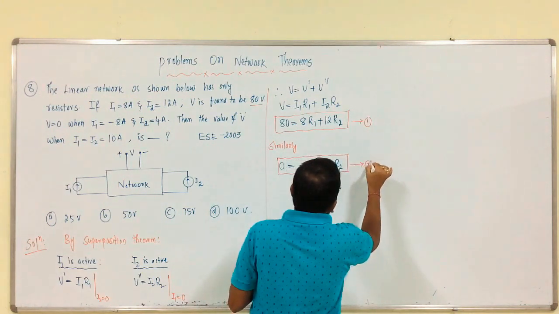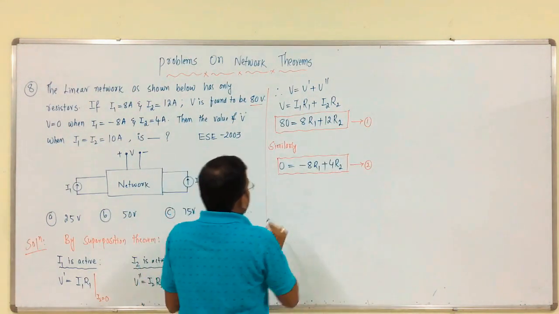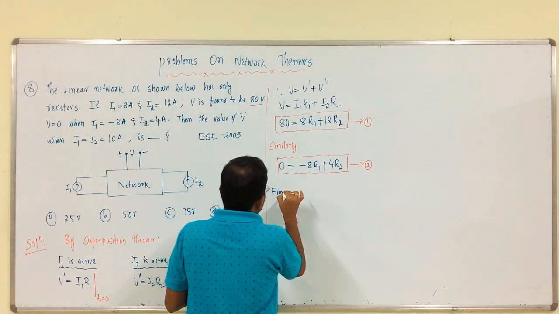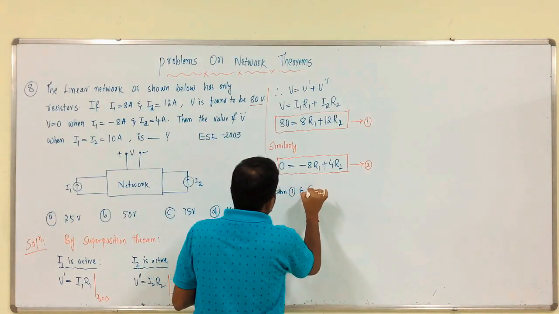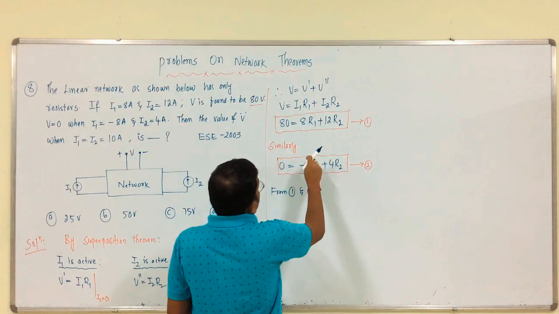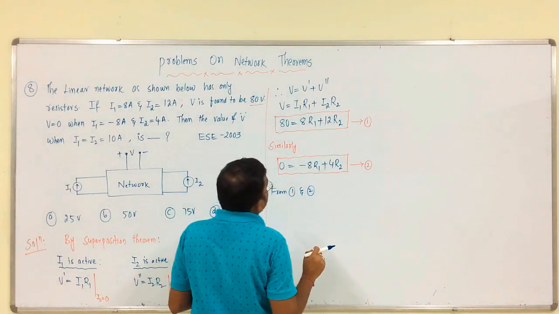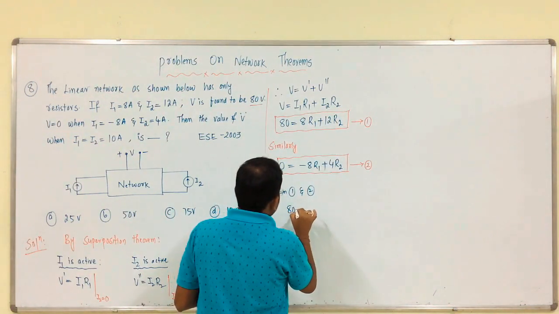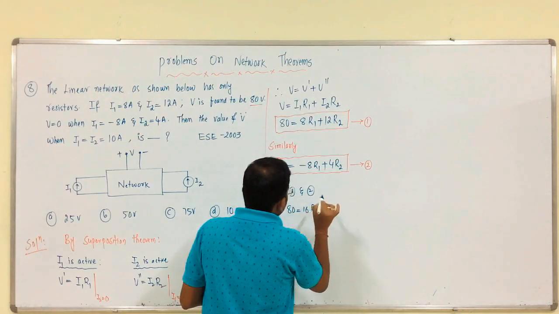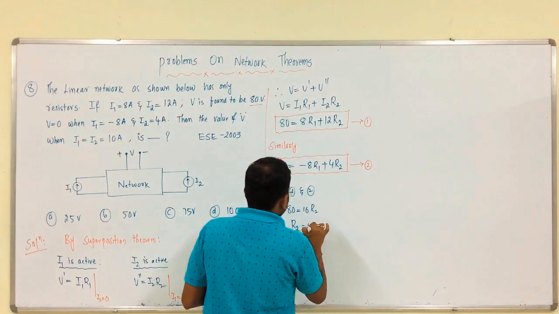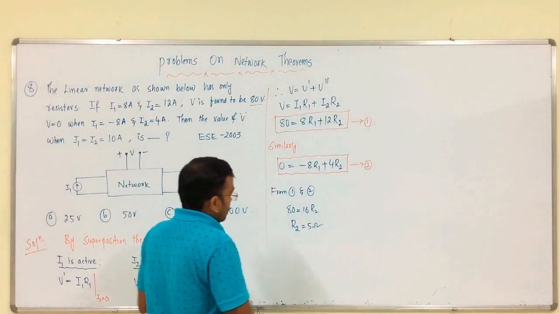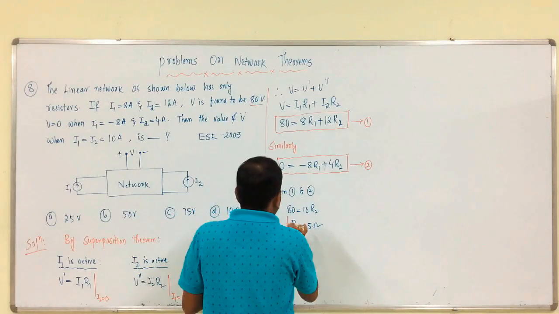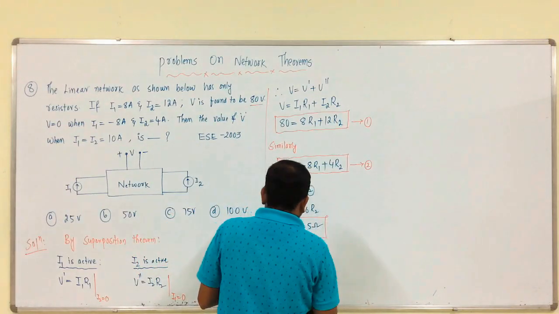This is equation 2. From 1 and 2, this term gets cancelled. 80 is equal to 16 R2. Therefore, R2 is equal to 5 ohms. R2 we got as 5.